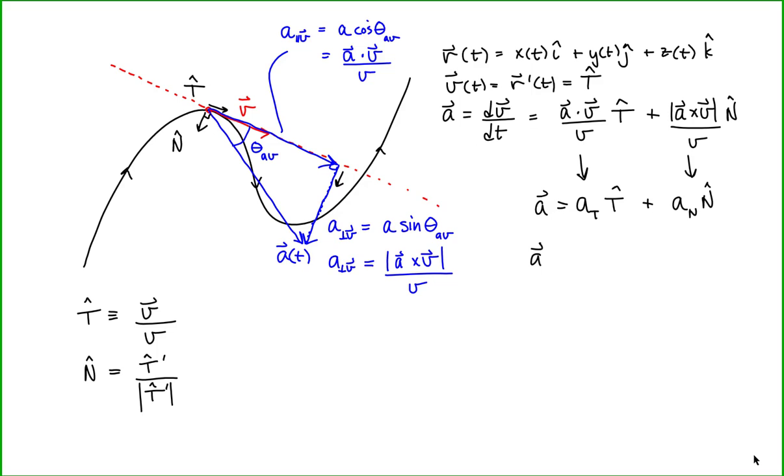Without much more work, we could show that the component of acceleration tangent to the curve is just equal to the derivative of the speed of the curve. And the component of acceleration normal to the curve is equal to the quantity kappa, which is the curvature of the curve, times the speed of the curve squared.